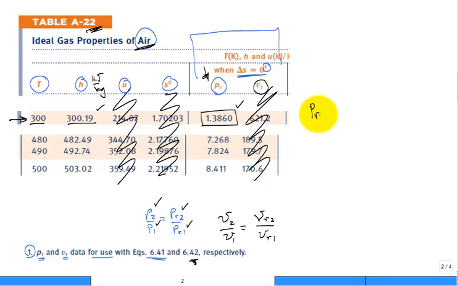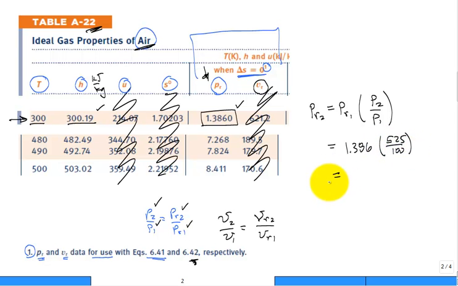So here, P sub R2, maybe I should write it on the other page, or I'll do this. I'll put P sub R1 times P2 divided by P1, substitute numbers, 1.386 times the 525 divided by 100. That gives us a value of P sub R of 7.2765.